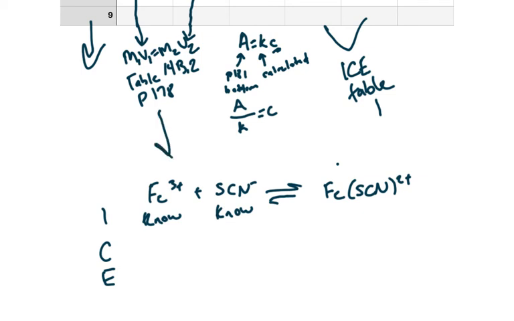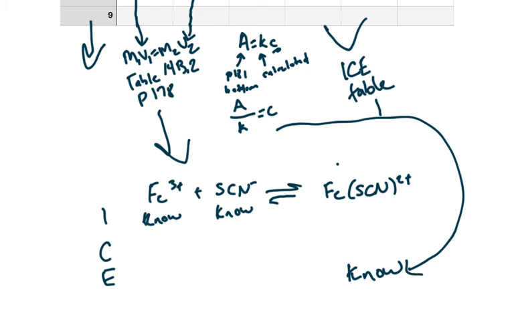Those are the first two columns. And now you know the equilibrium concentration of the complex, and that ends up being your X. It starts at 0. So you can figure out your equilibrium concentrations: the known starting value minus that X value. There are no coefficients, so it's a pretty straightforward ICE table.